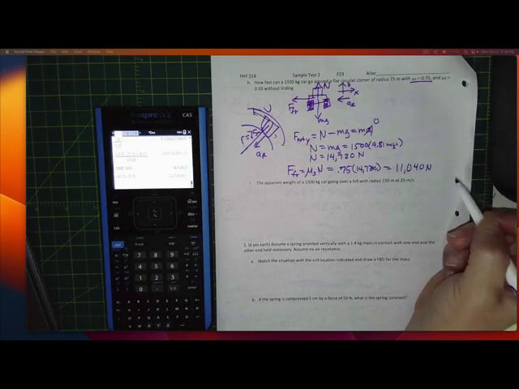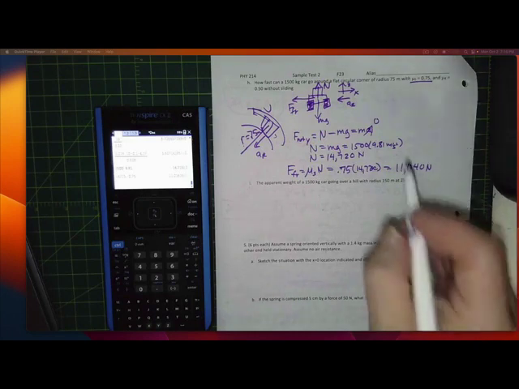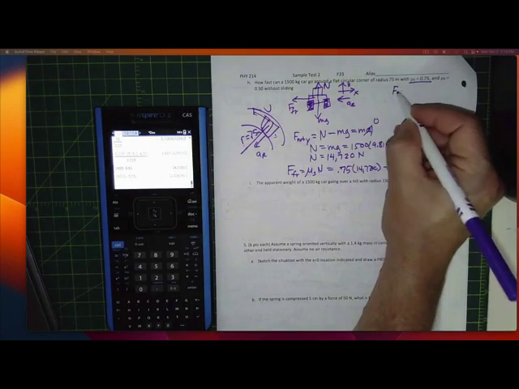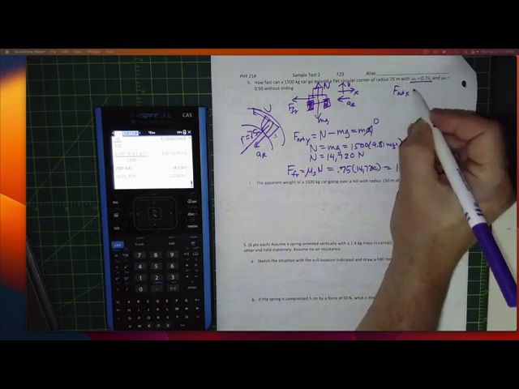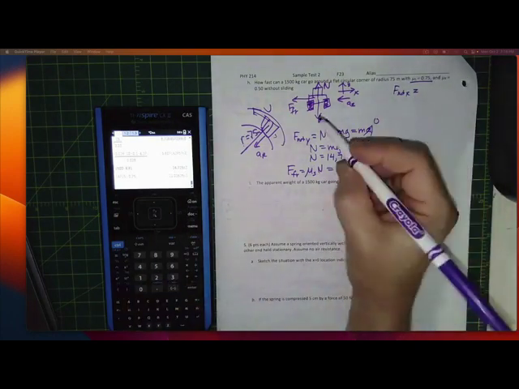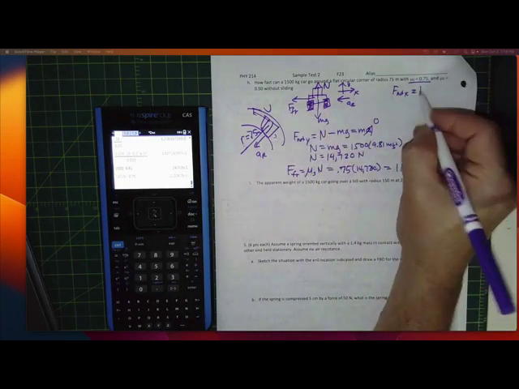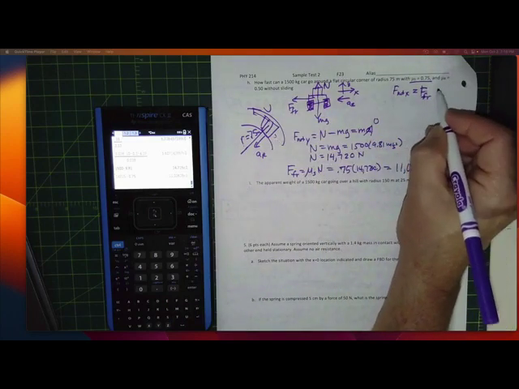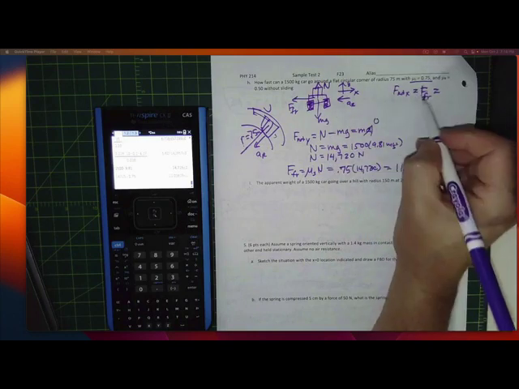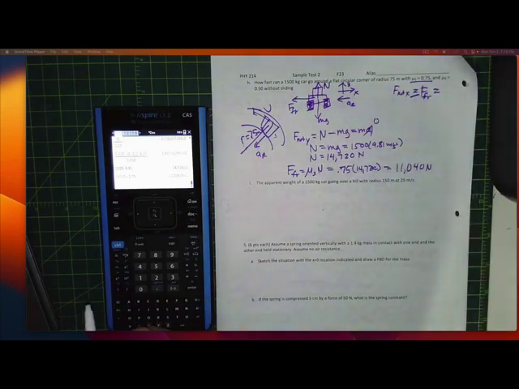Oh, I'm running out of room. Okay, now we need to sum F net in the x direction to get our acceleration and things figured out. So in the x direction, all we've got is friction. And it's going in the negative x direction, so I need a negative sign in there.